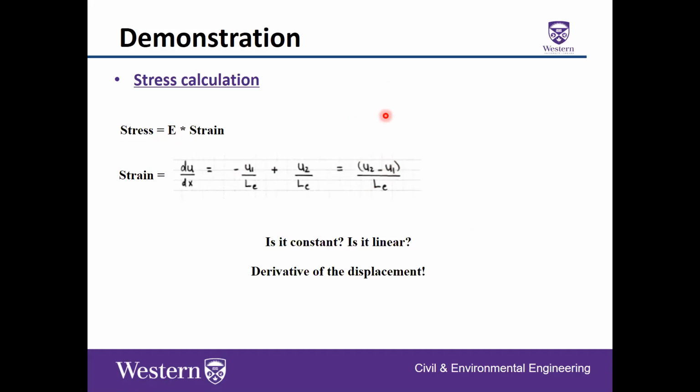So how do you know? Usually you check the function of the stress. By checking that, you check the function of the strain as well. So if the displacement is linear, that means the strain is going to be constant, because the derivative of a linear function is constant. And when the stress is constant, you check if it's a constant force and so on. So you know whether it's accurate or not.